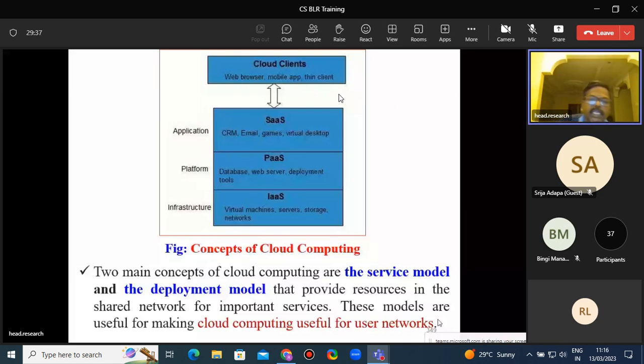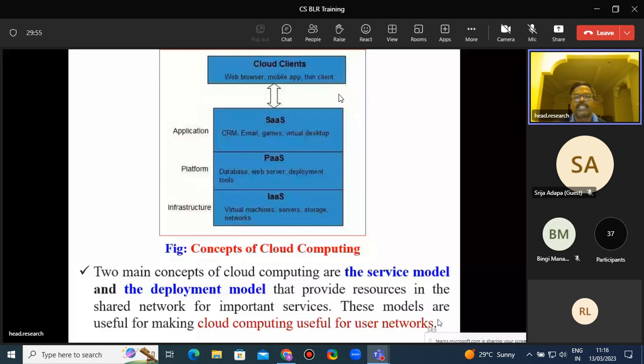You see the diagram, infrastructure as a service. Here we are creating virtual machines, servers, storage, networks. Platform as a service. Here we are creating database, web server, deployment products.